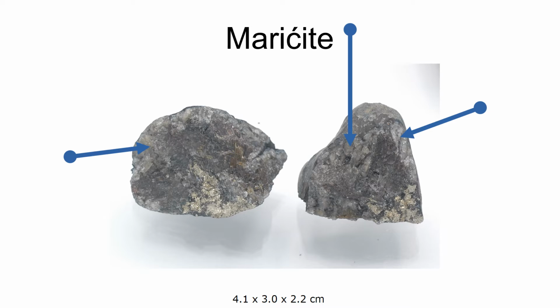Another occurrence of marićite is in nodules consisting of several phosphate minerals. In this case, the marićite forms more towards the periphery of the nodule and tends to be colorless or light gray in color, and essentially anhedral.